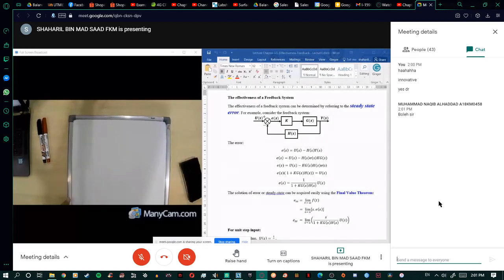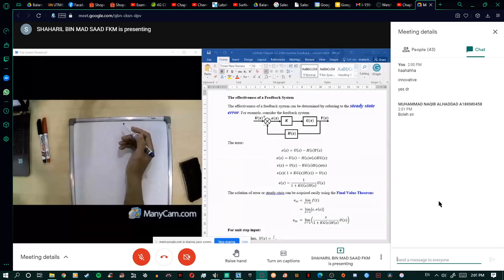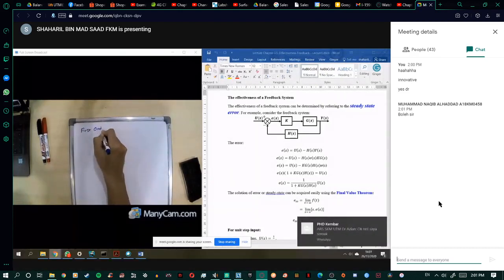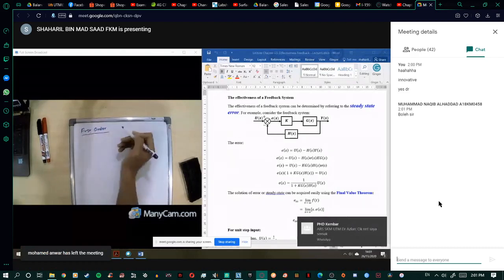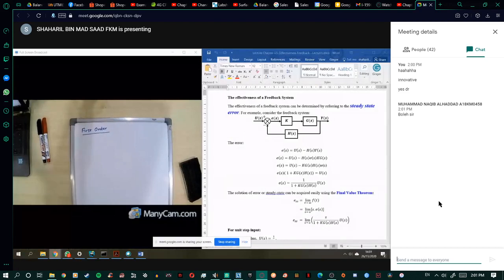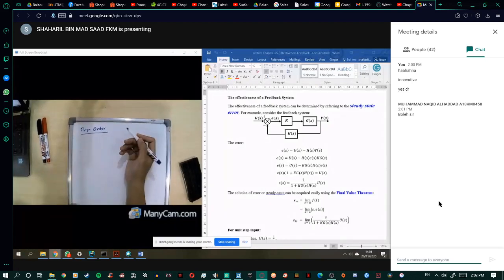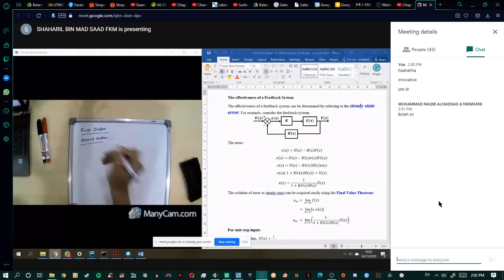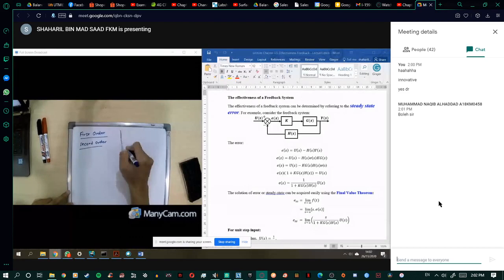Let me recap what we have learned so far. We have learned first order, right? The first order we can get this kind of graph.